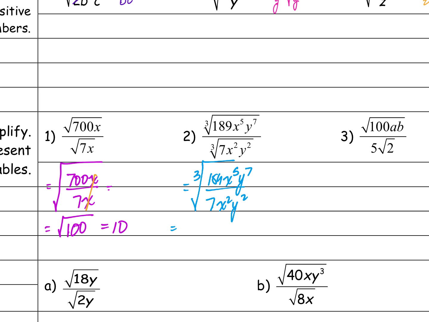So that's going to give me the cubed root of 27 x cubed y to the fifth. So that should be 3xy cubed root of y squared.